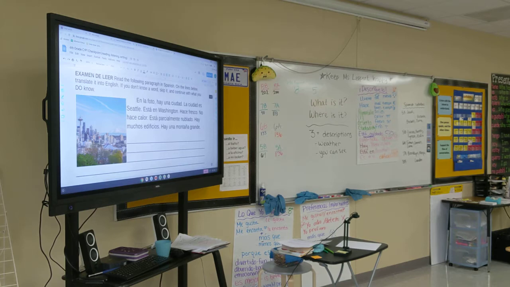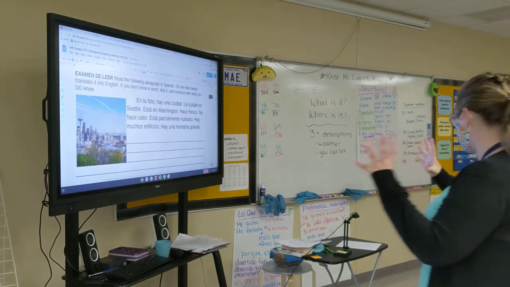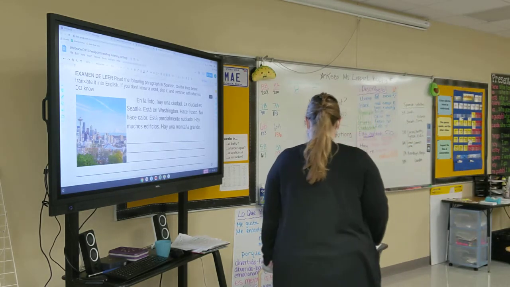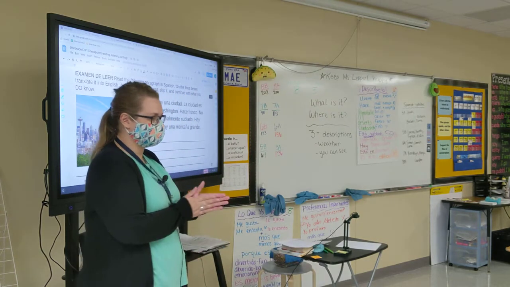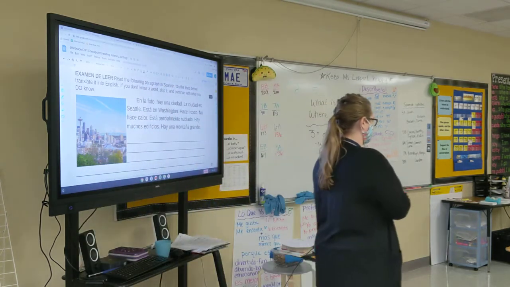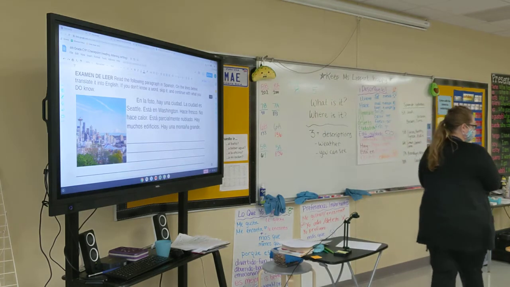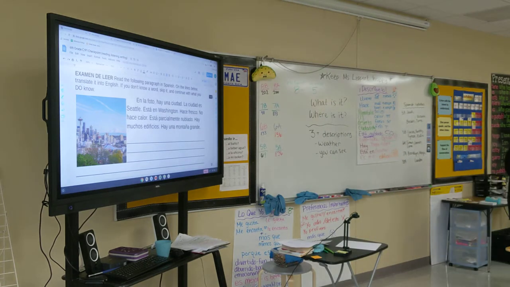Things like weather, or what there is in the picture, what you can see. If there's any part you need me to reread, because it will help you understand it, just raise your hand, let me know.